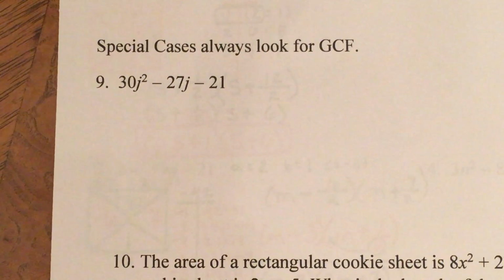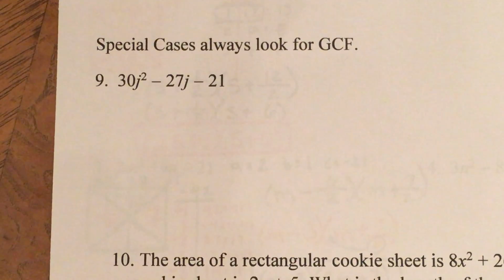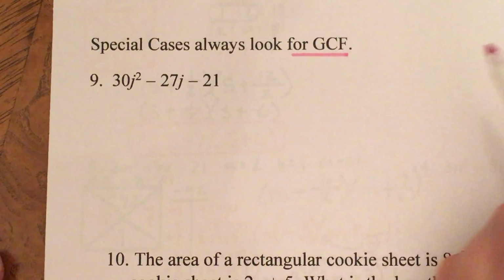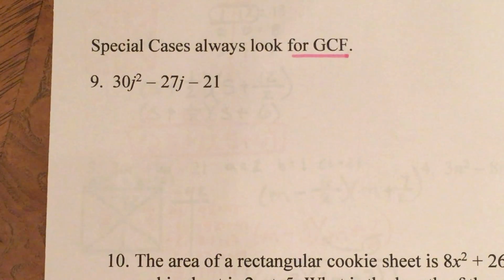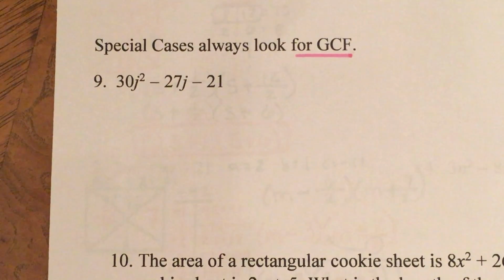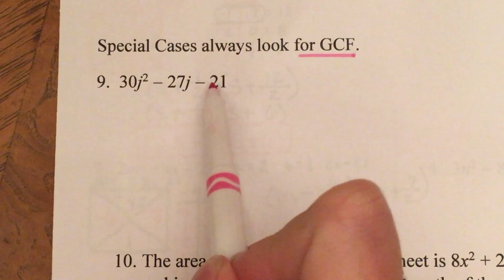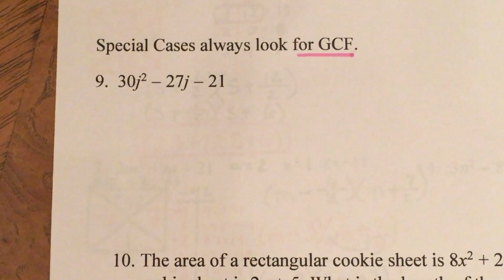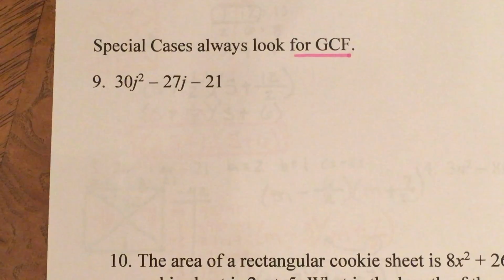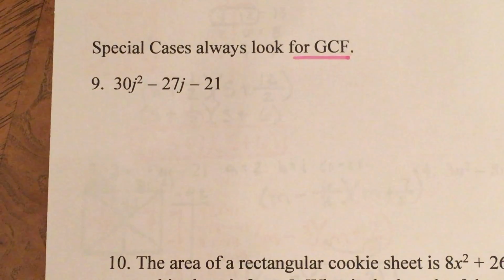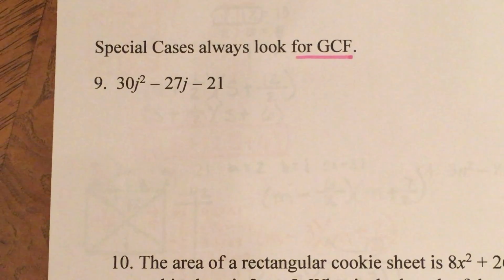All right, in this problem, number 9, we're going to look for a greatest common factor. It's something I've been discussing in the previous problems where we look and see, do all of my terms have anything in common? Are they all divisible by something the same? So far we haven't had to deal with that, but we will here.